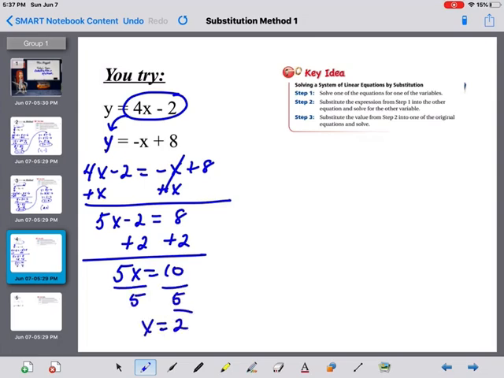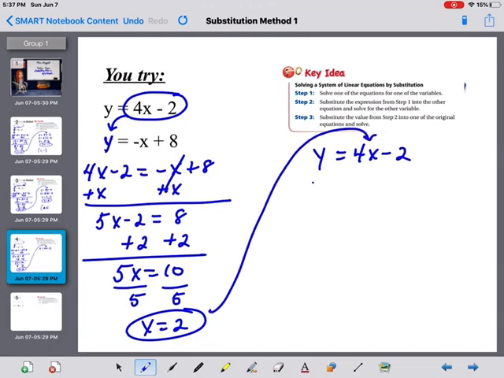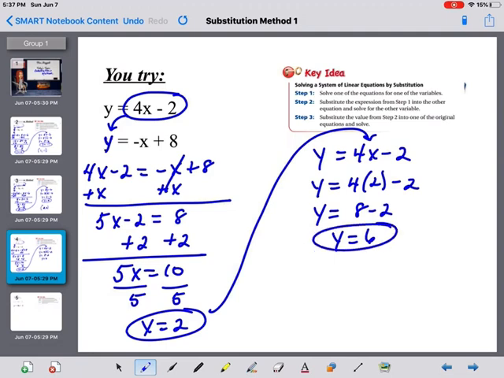And dividing both sides by 5, I get that x is equal to 2. I'm going to take my top equation and substitute in the 2 that I just got for x. And I'm going to have y is equal to 8 minus 2, and that of course gives us 6. So my ordered pair for this solution is 2, 6.